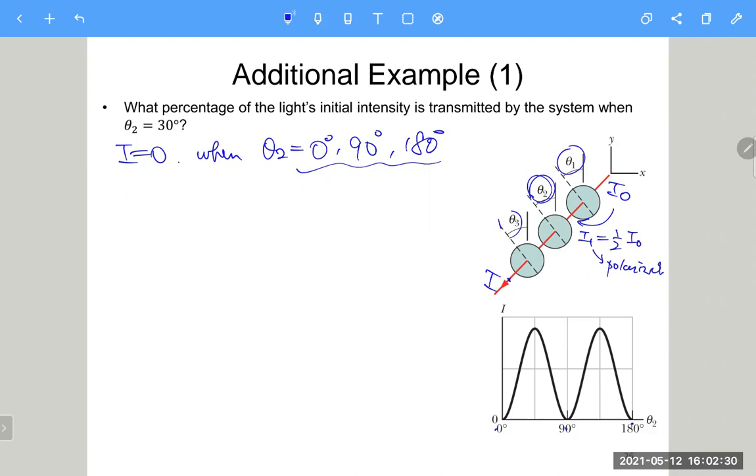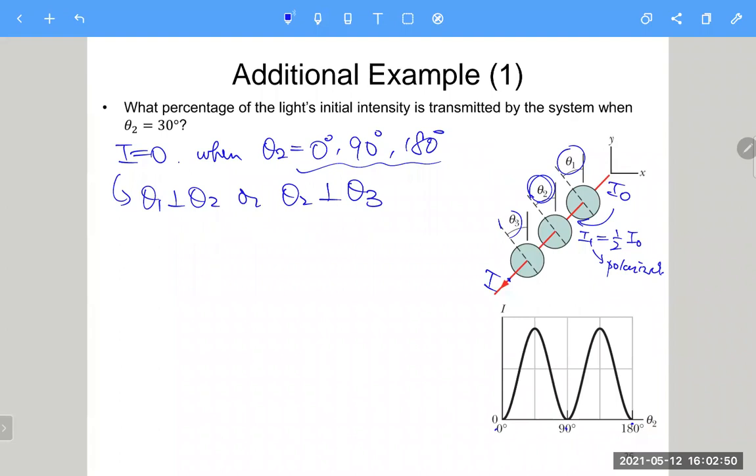So we can imagine that when I is 0, theta 1 should be perpendicular to theta 2, or theta 2 must be perpendicular to theta 3.